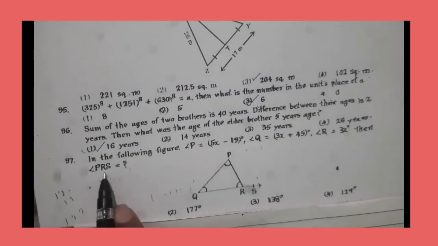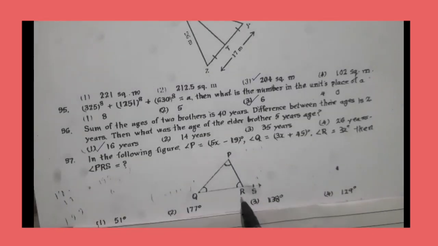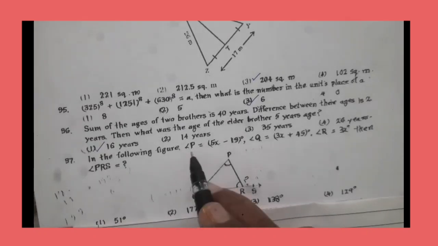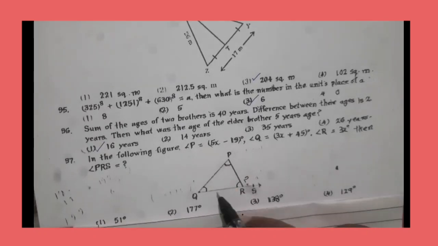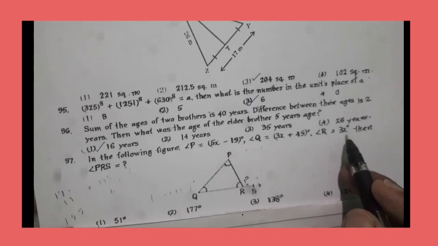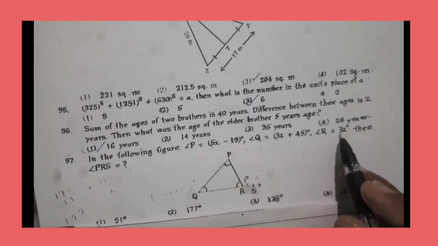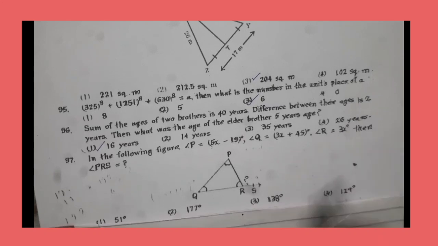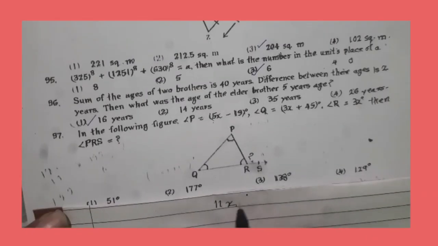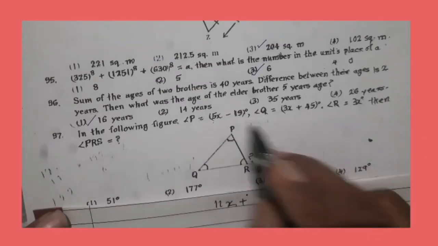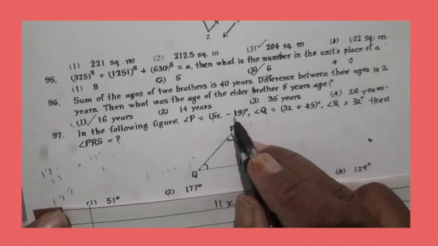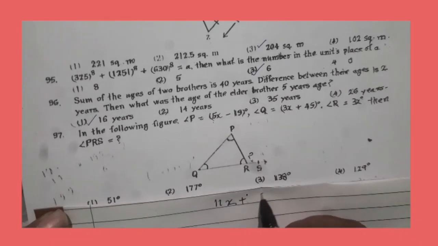We can find angle ERS. The PQR angle is given. Now 8x plus 3x is 11x, plus 45 minus 19 is 26.